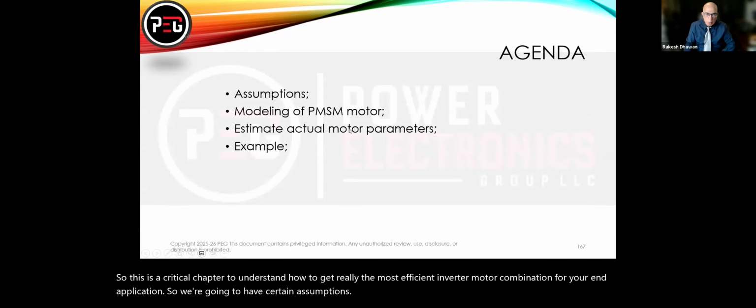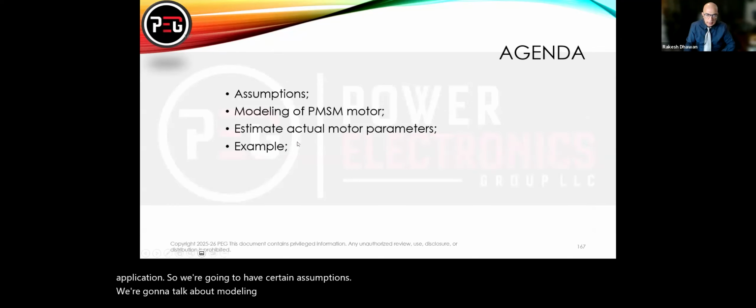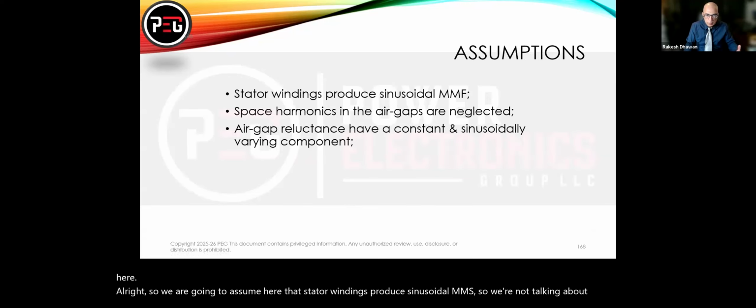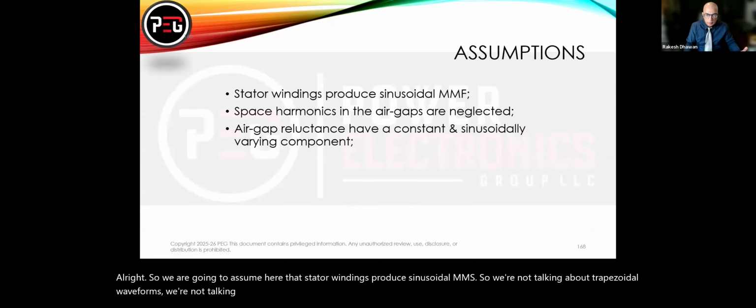We're going to talk about modeling of the motors and estimating actual motor parameters, and then we'll have an example here. All right. So we are going to assume here that stator windings produce sinusoidal EMF. So we're not talking about trapezoidal waveforms. We're not talking about space harmonics. We're talking about very sinusoidal EMF for the sake of estimating motor parameters.